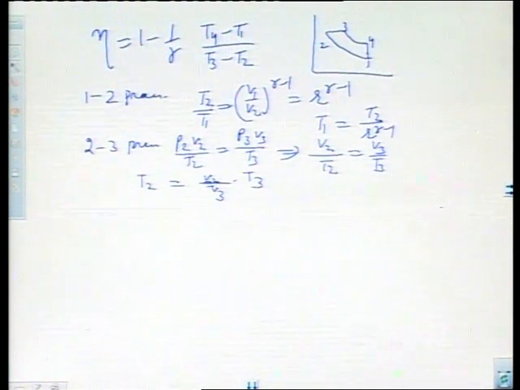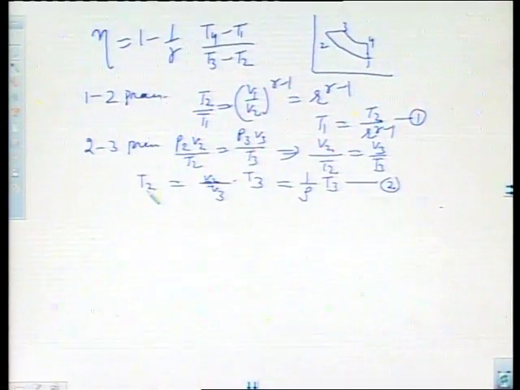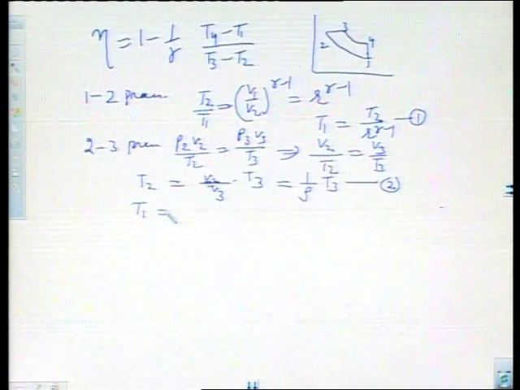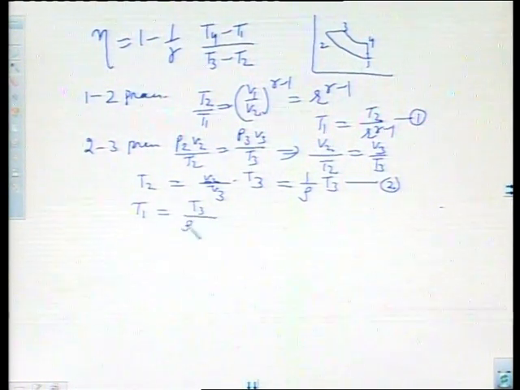I have shown you that V3 divided by V2 is the cutoff ratio, so this is equal to 1 by rho, times T3. Now, this is our second relation, and that was our first relation. Now, put the value of T2 in T1, and T1 is equal to T3 divided by rho R^(gamma minus 1). This is your third relation.